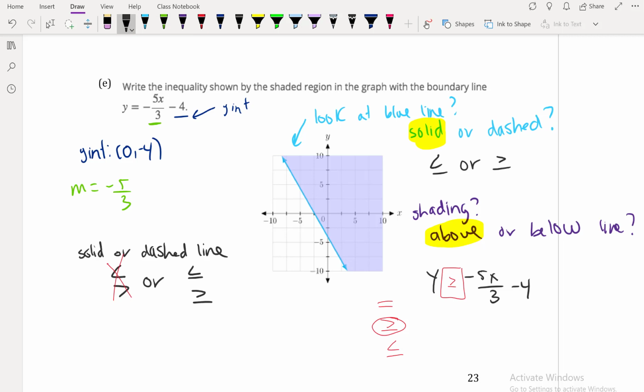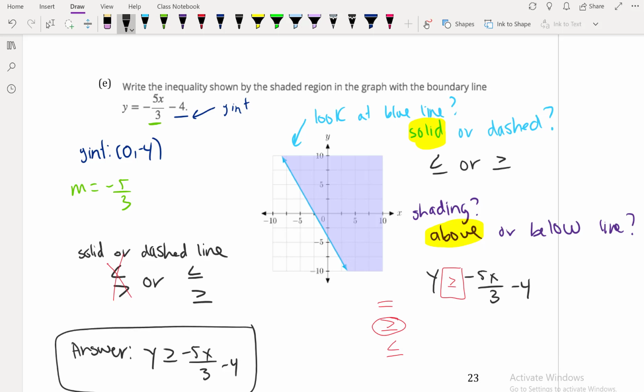So my final answer is going to be y greater than or equal to my negative 5x over 3 minus 4. So they really wanted to know what the inequality, if it's a line underneath it, and which way it's facing, whether it's less or greater.